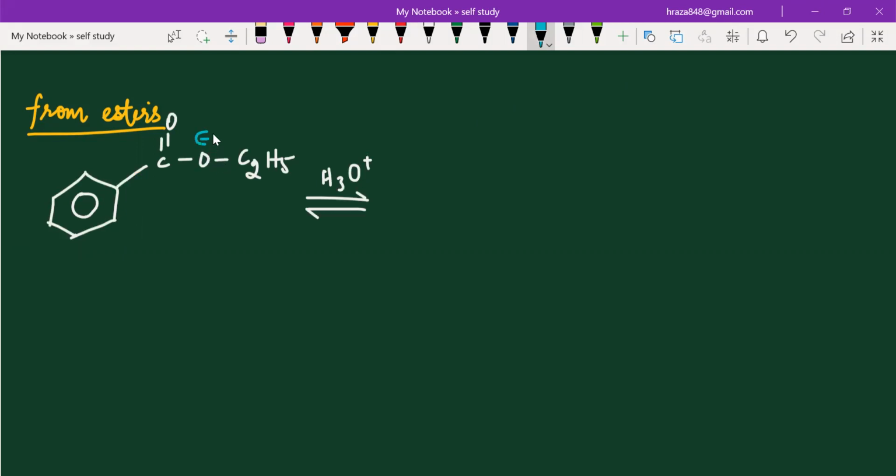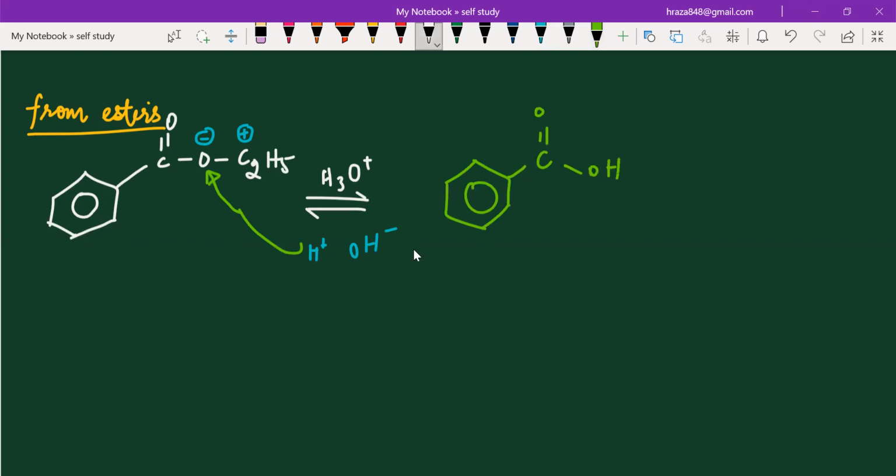So this will have a negative sign and this will have a positive sign. This is your H plus and this is your OH minus. Now you know which one is going where. So the product will be carboxylic acid, C6H5 C double bond O, OH, that is benzoic acid, and this negative part goes here and forms alcohol, C2H5OH, that is ethanol.